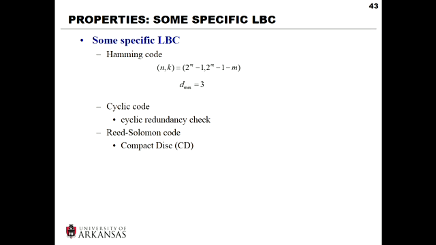So the final slide here is just a few examples of specific linear block codes. These codes are widely used in practice, and one category is called Hamming code. For Hamming code, n and k must satisfy this relationship, and it was designed by Hamming himself.